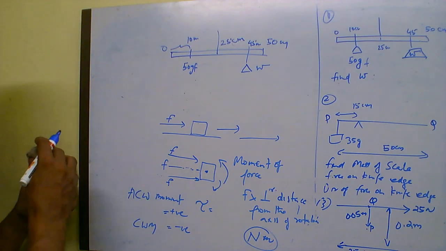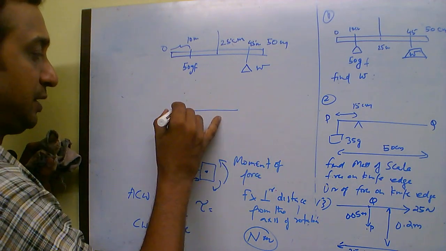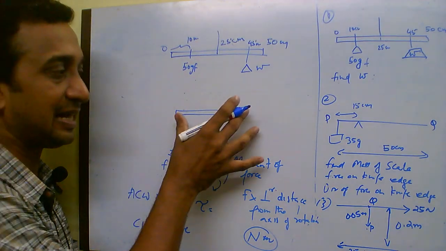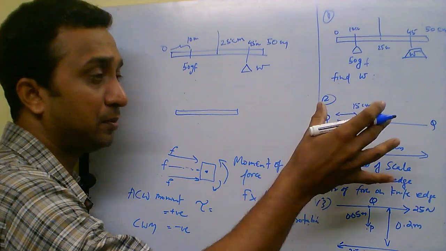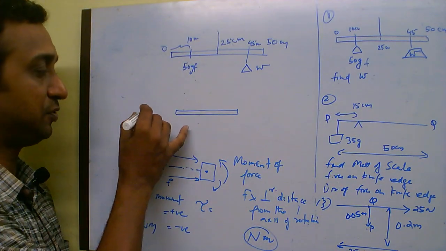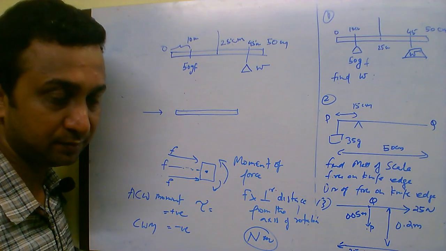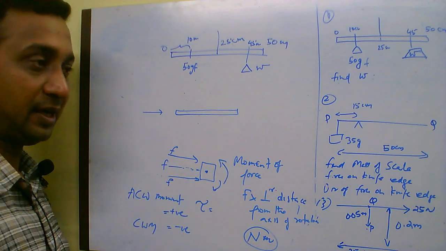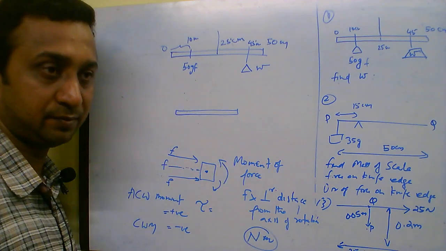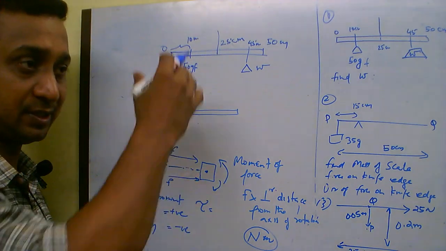So why did we discuss this? For a body to be in equilibrium, see, my body is in equilibrium and a number of forces are acting on that body. If it is in translational equilibrium, meaning neither is it moving towards right, left, up or down, then we can say all the forces which may lead to its translational motion are cancelling out. Along with that, the forces may make the body turn about some point, about its center of mass or about a point from which it is suspended.